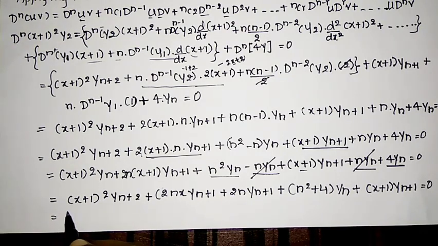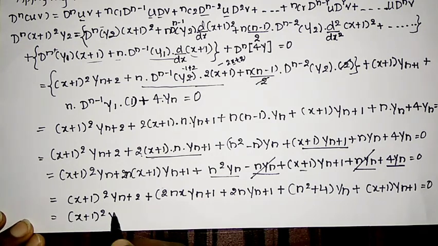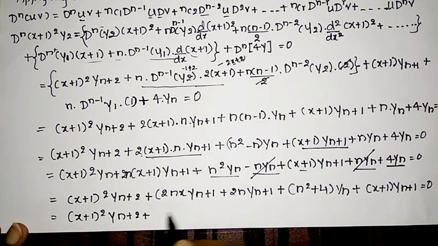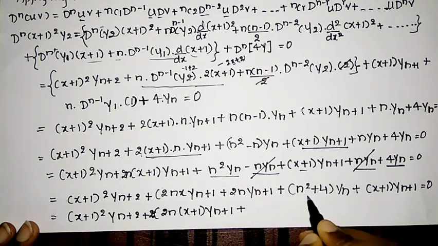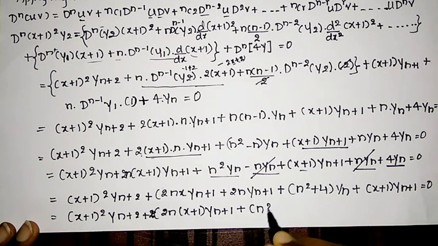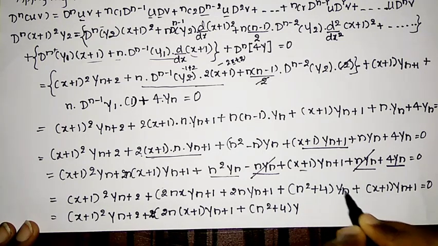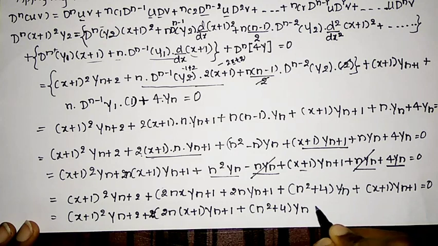So finally we can write it as x plus 1 whole square into yn plus 2 plus, so just take 2 into n outside. So 2 into n, we have x plus 1 into yn plus 1. Then here also plus n square plus 4 into yn is equal to 0.